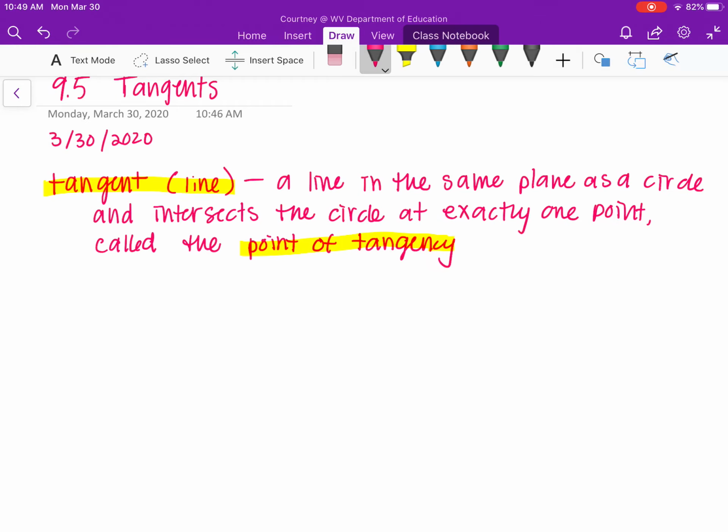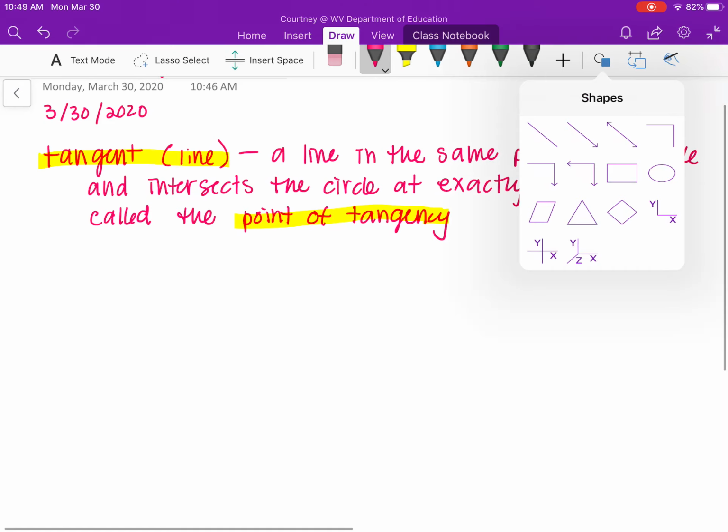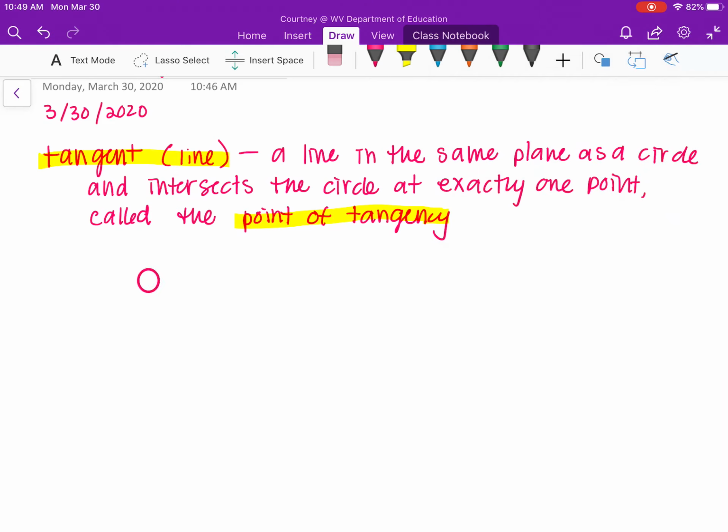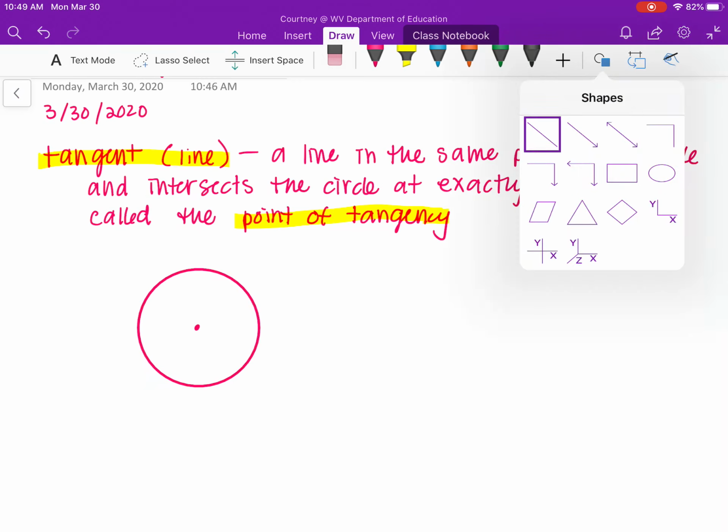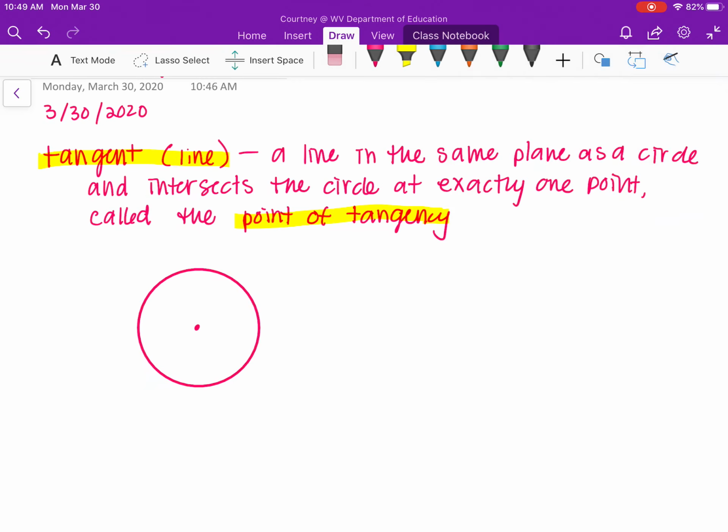Point of tangency. Okay, so we have a circle here, and here's the center. We have a tangent line. Just a good old tangent line. It is a line that crosses at 1 point.